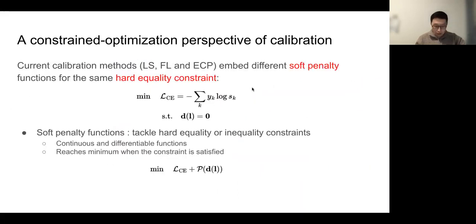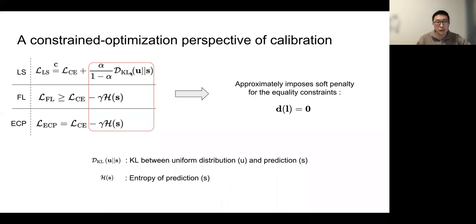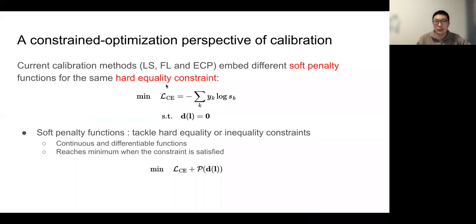So from this side, all the losses are connected, and they approximately embed similar soft penalties for the same hard equality constraint.